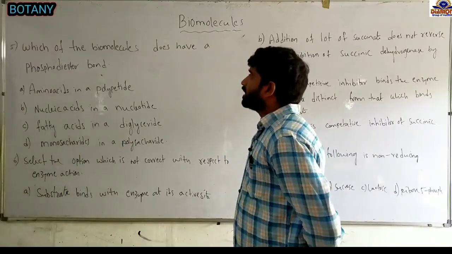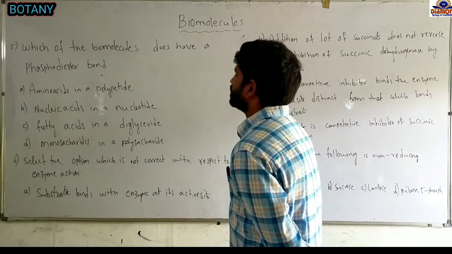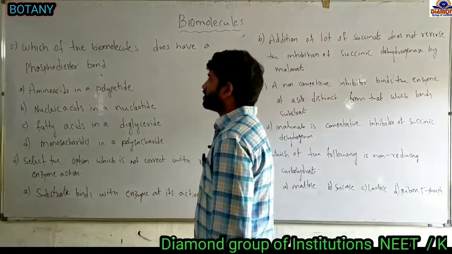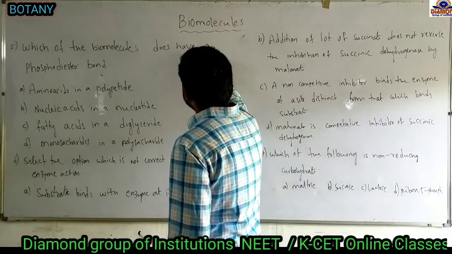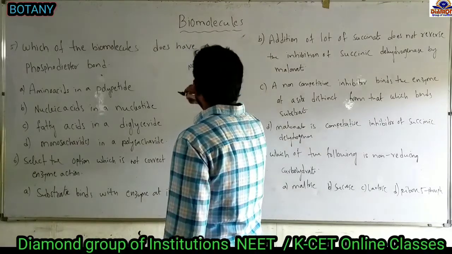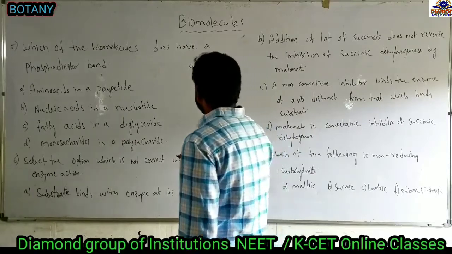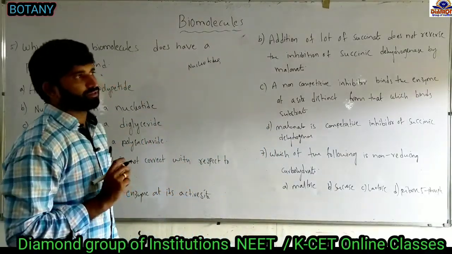Next question: which of the biomolecules has a phosphodiester bond? Phosphodiester bonds are present between two successive nucleotides. Nucleic acids are made up of a polymer of nucleotides.